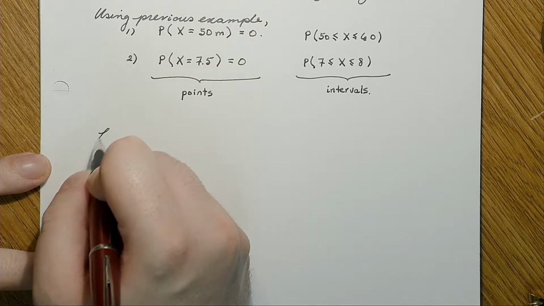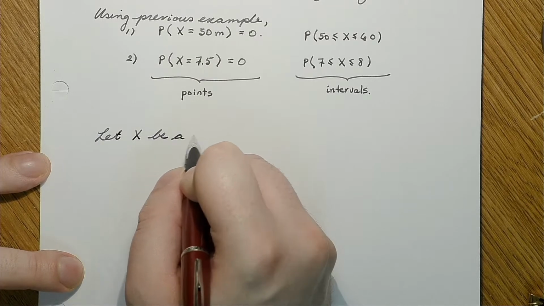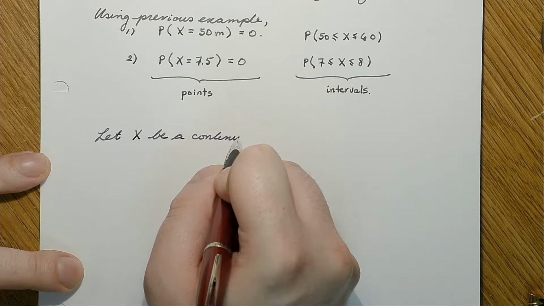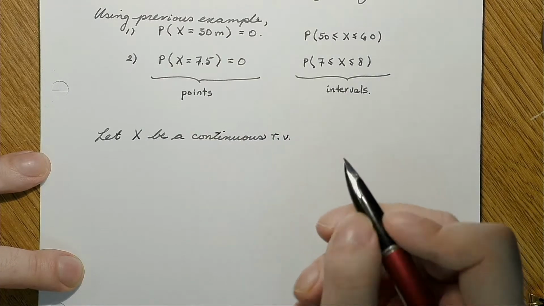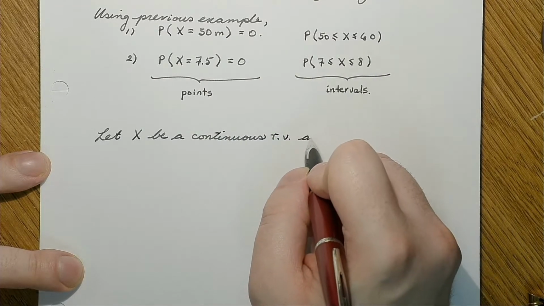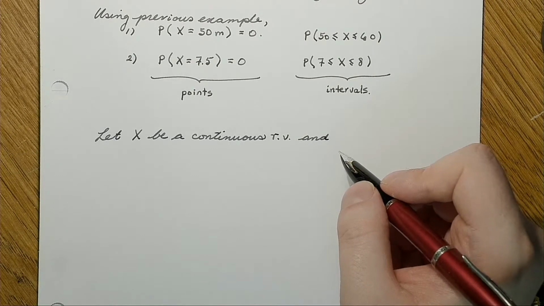Let's say that x is a continuous random variable. And this is where I'm starting to define a probability density function.